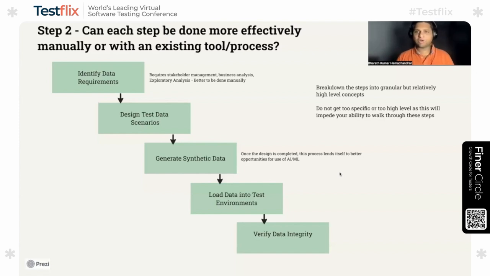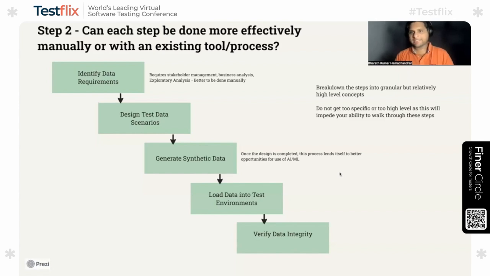The second step of determining test data scenarios, again, is probably better done manually rather than creating some kind of automation around it. So similarly, if we walk down each of these steps, we would identify that the process of actually generating the synthetic data is probably the one that is best suited for some kind of automation where we can use some kind of scripting.